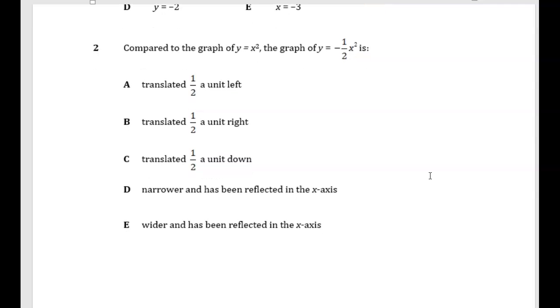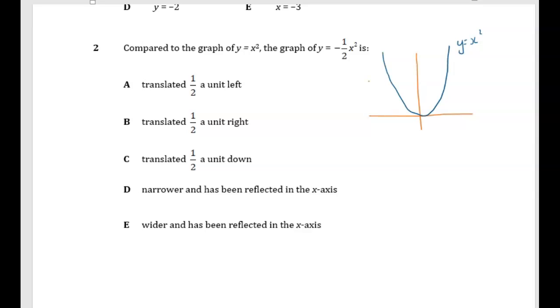Question 2, compared to the graph of y equals x squared, the graph of y equals -1/2 x squared is. We've done turning point form, and you're probably thinking, it's not in turning point form. Well, it actually is. It just doesn't have a value of h or k. Let's do your normal x squared graph. That's y equals x squared.